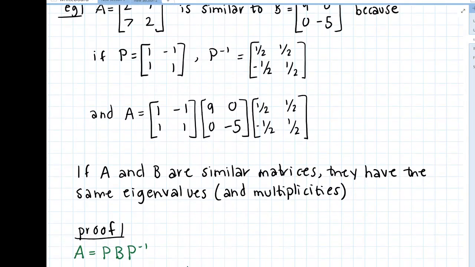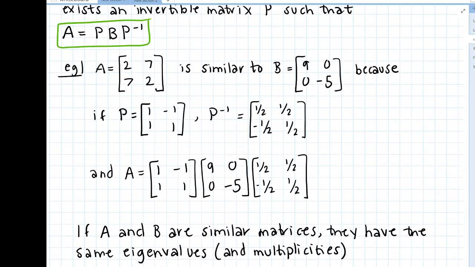And then just to show you one thing, going back to the first example we did, if you look on your worksheet that you did last time, you had to find the eigenvalues of this matrix 2, 7, 7, 2, and the eigenvalues were 9 and -5.